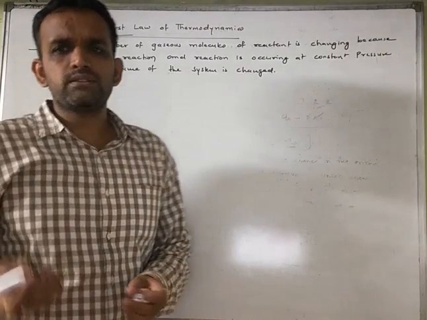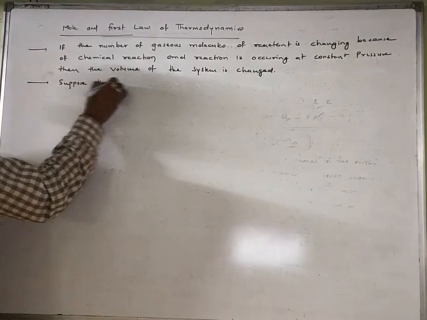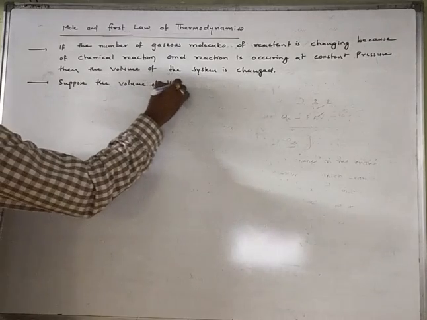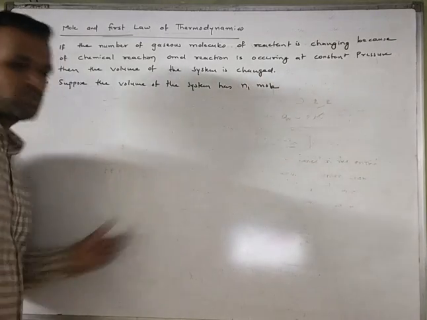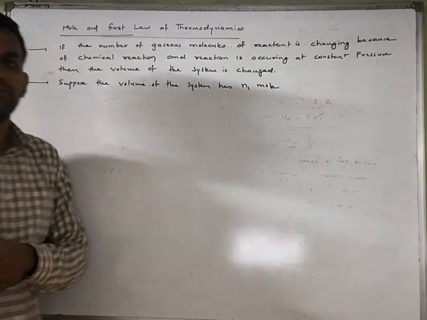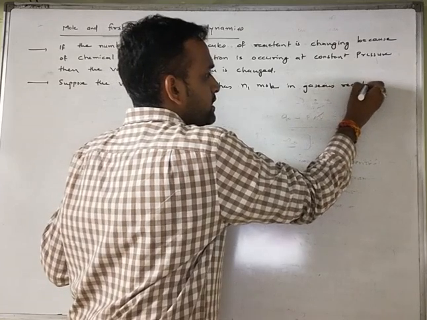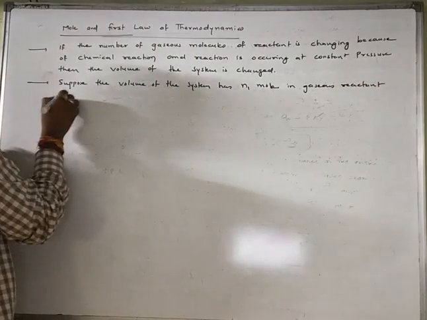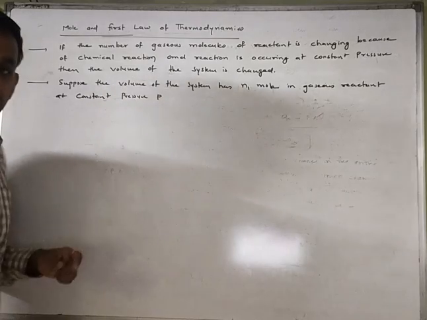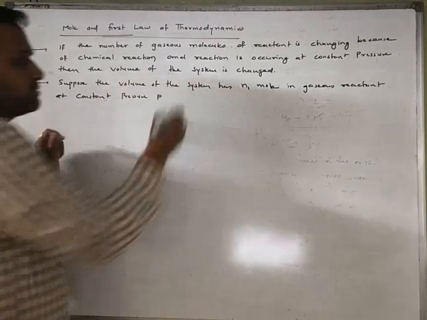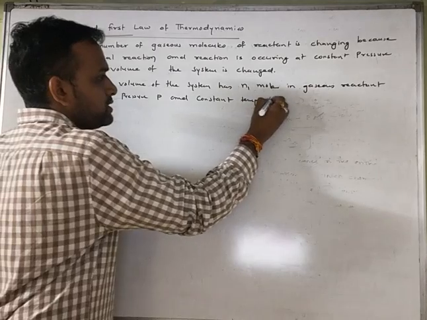Suppose the system has n1 moles of a gaseous reactant at a constant pressure P and constant temperature T, with volume V1.